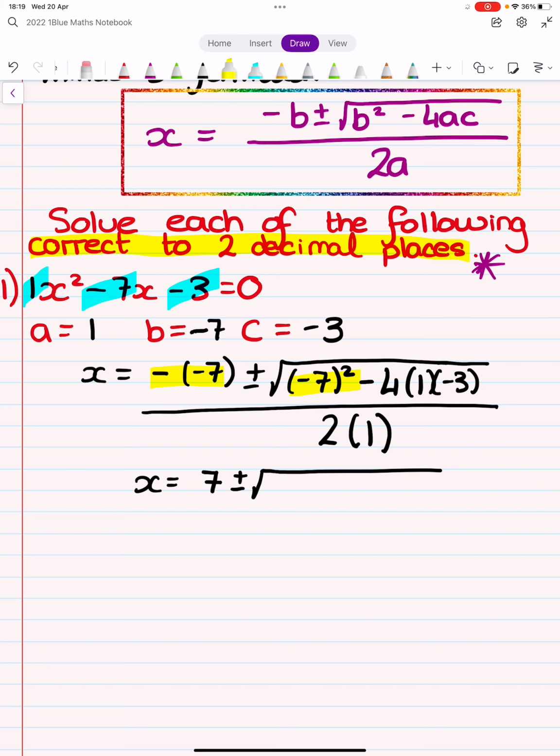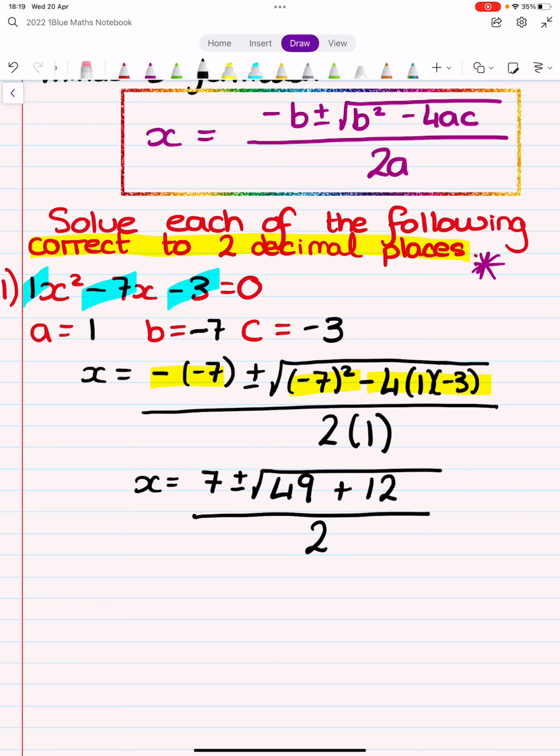If we plug that into our calculators, and be very careful that you put the brackets in as well, a minus 7 by a minus 7 is a positive 49. Then if we continue on and put minus 4 by 1 by minus 3 into our calculators, we'll see that gives us plus 12. All over 2a, and 2a was 2 times 1, and 2 times 1 is 2.